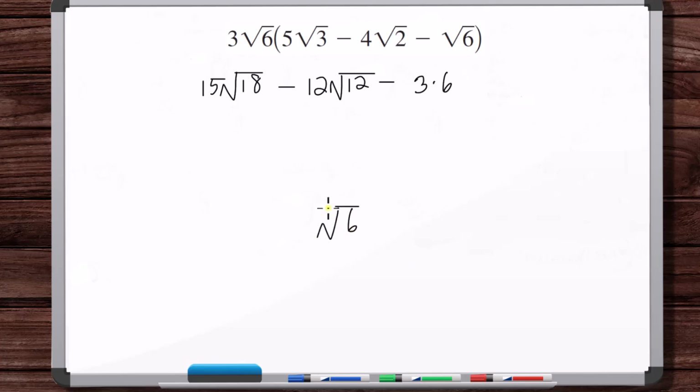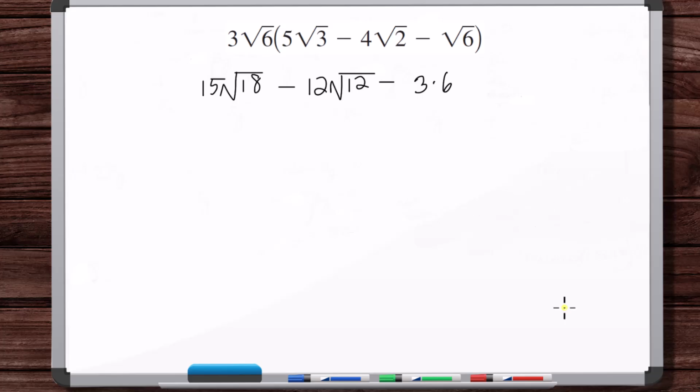If you've got the principal cube root of 6 times the principal cube root of 6, the radical doesn't just go away. That works with square roots because 1/2 plus 1/2 is 1. Here, 1/3 plus 1/3 is 2/3, so this would be 6 to the 2/3, which is 6 squared, so 36. Could we simplify that? 6 times 6, so 2 times 3 times 2 times 3. No, that would be it.